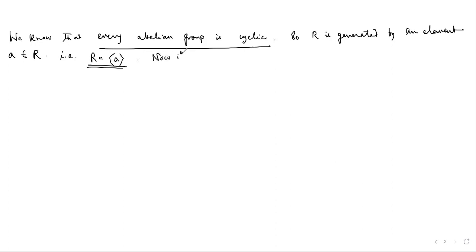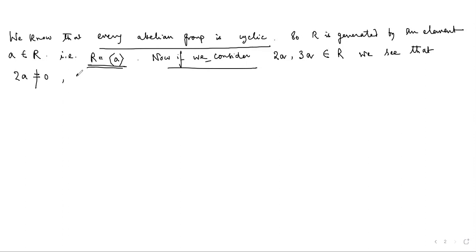Now, since every element of R is generated by a, if we consider the elements 2a and 3a belonging to R, we see that 2a is a non-zero element, 3a is a non-zero element, but 2a times 3a is equal to 6a squared.